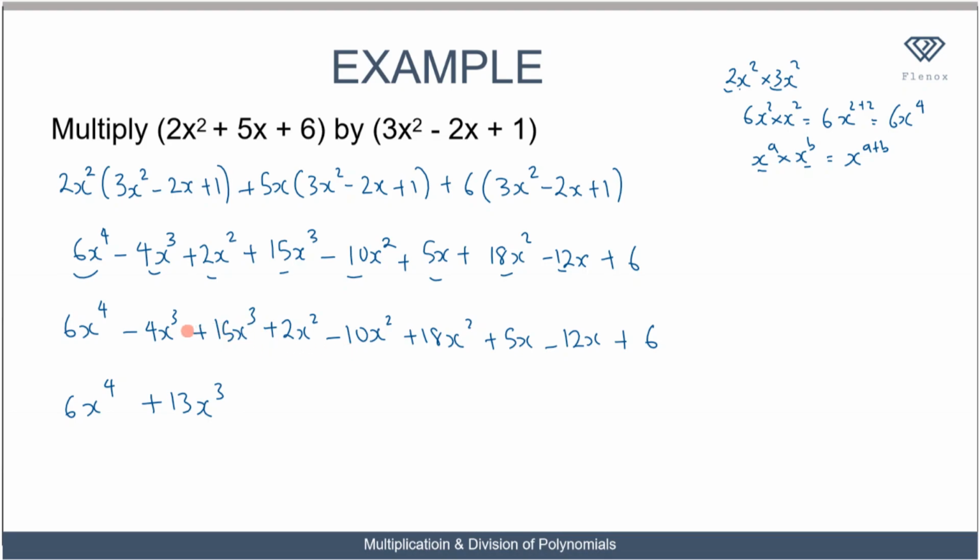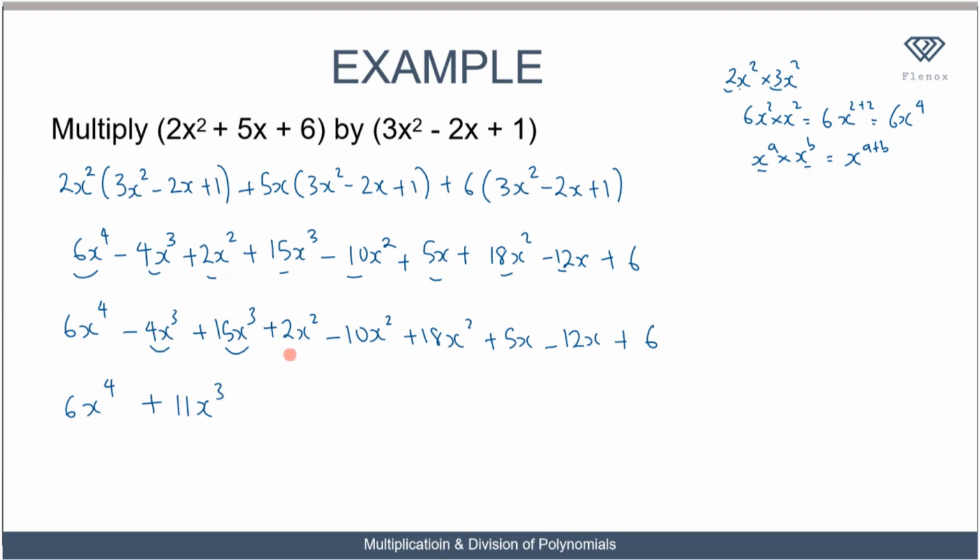Only these two terms have x to the power of 3, so I just have minus 4 and 15. That just gives me plus 11x cubed. I'm just adding this term and this term: minus 4 plus 15 will give me 11x cubed.